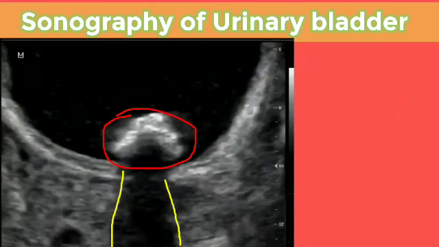Here is a urinary bladder calculus marked with red, and the yellow line represents the posterior acoustic shadows. You can appreciate the urinary bladder stone or cystolith.